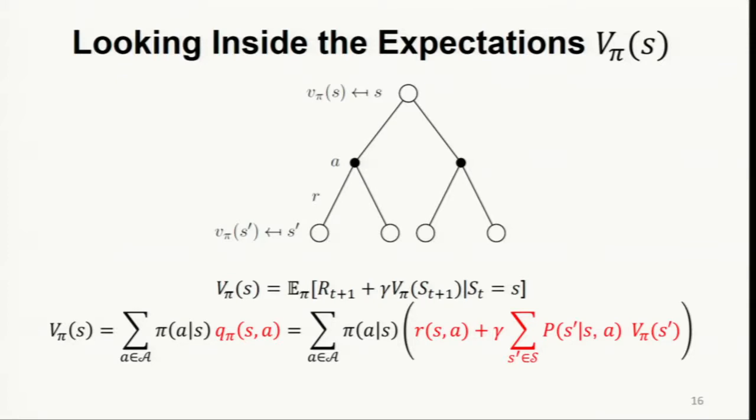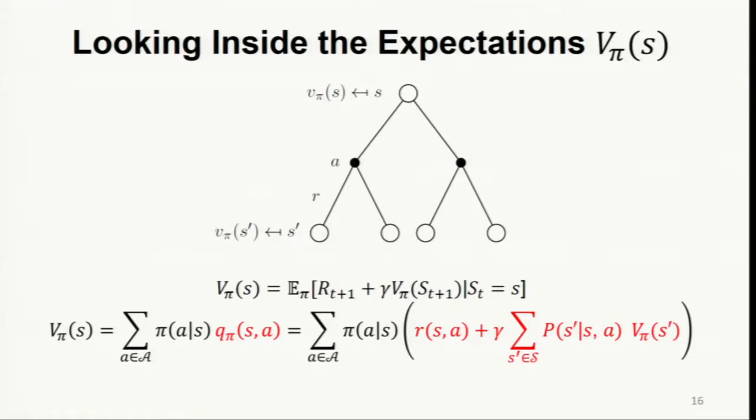And if you are in a particular state and you have multiple actions to choose from, and if you choose a particular action, you get into a new state. Make sense? But here, you not only have two actions. In this state, you may have multiple actions to choose from.